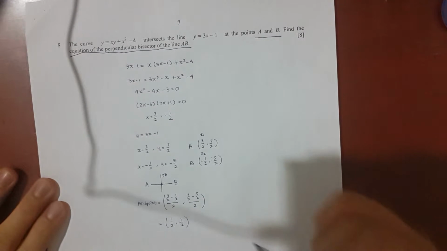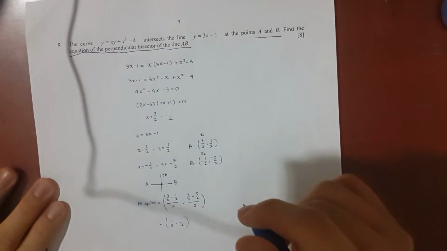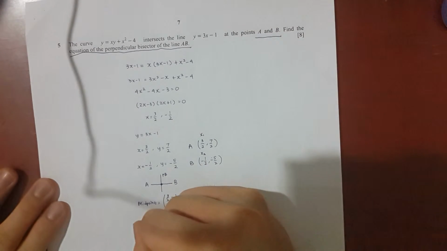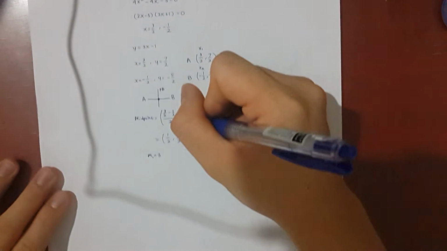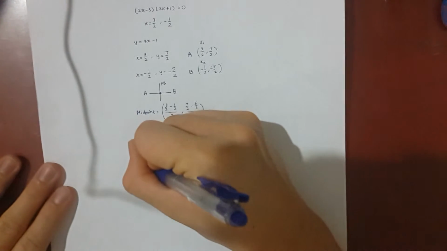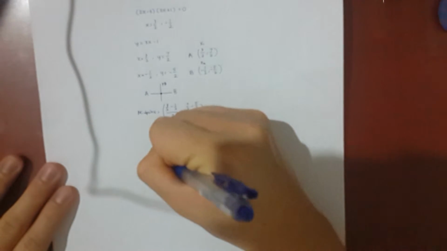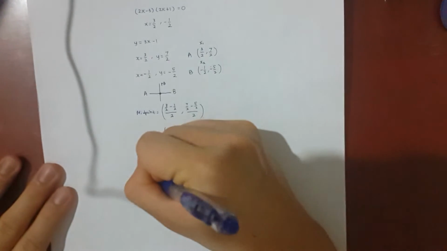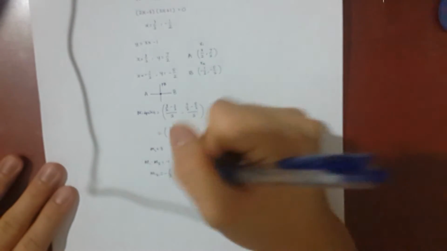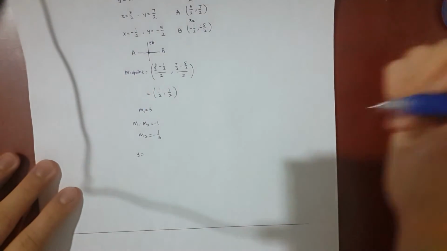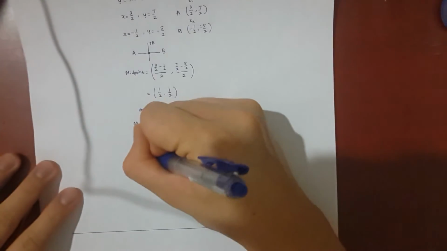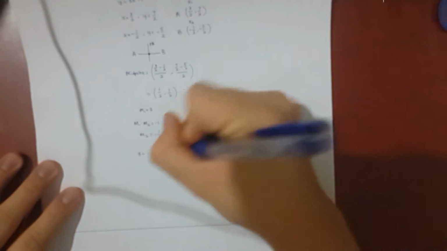and then the gradient is 3. So the current gradient is 3, and to find the perpendicular gradient, you need m1 times m2 equals negative 1. So m2 equals negative 1 over 3. So the perpendicular bisector equals y equals negative 1 over 3x plus c.